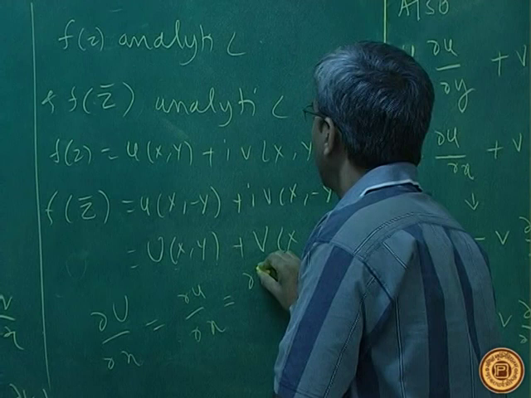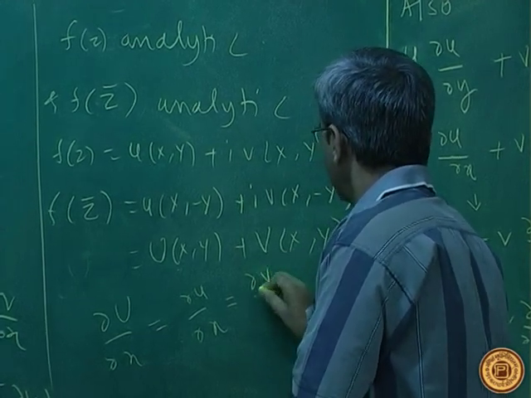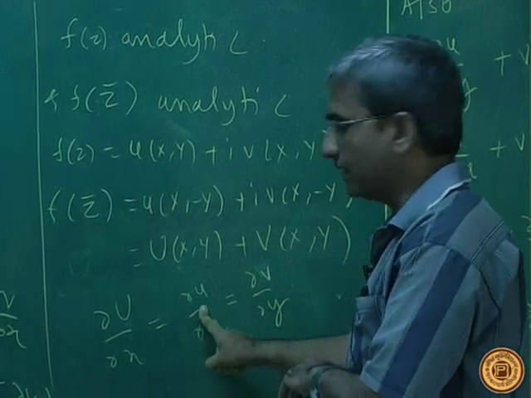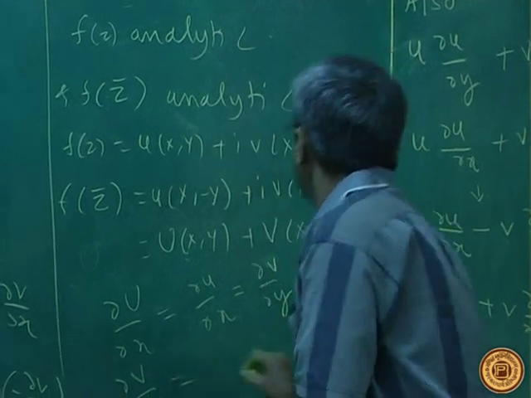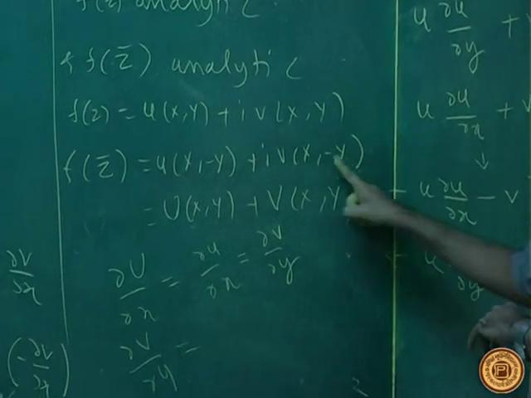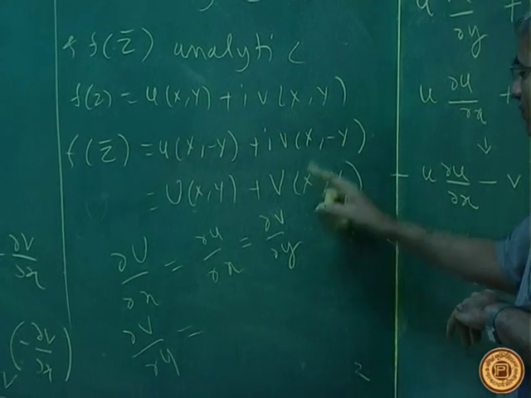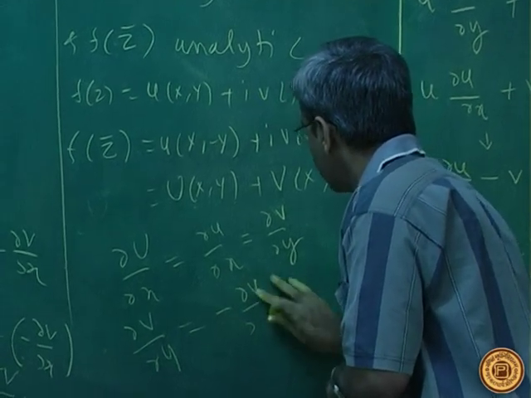On one hand, because f is analytic, and V(x,y) is v(x,-y). So minus ∂v/∂y, small v this is.